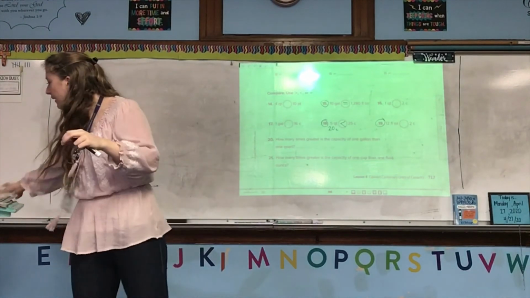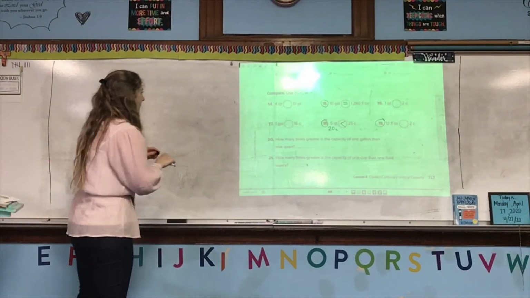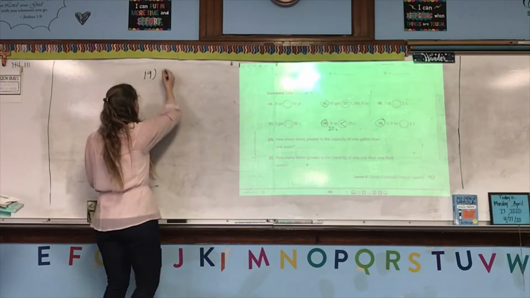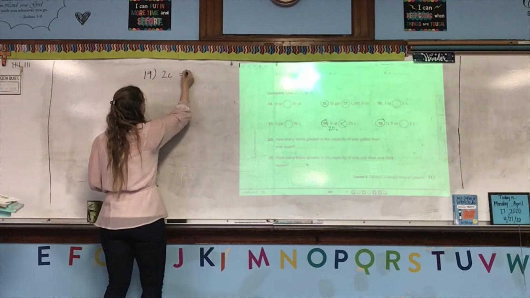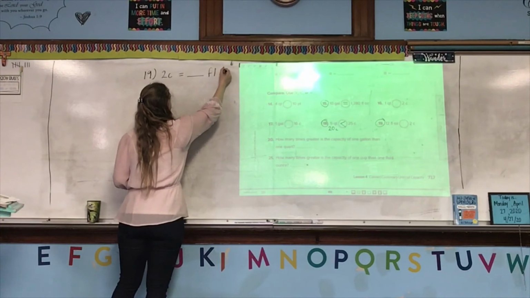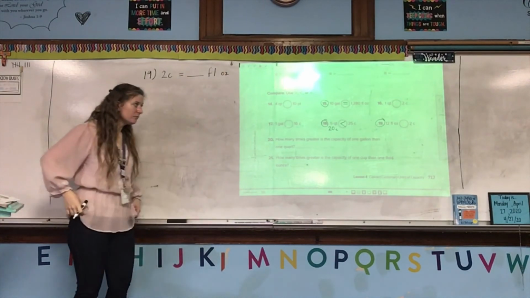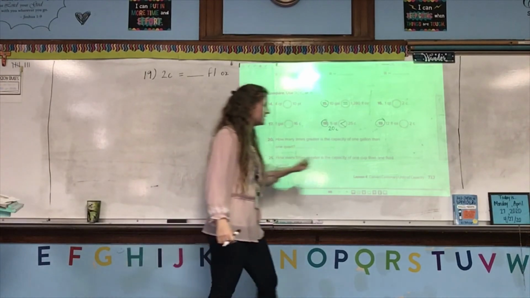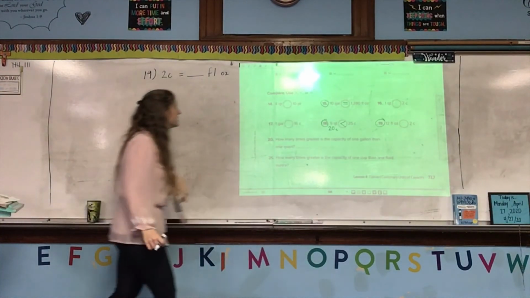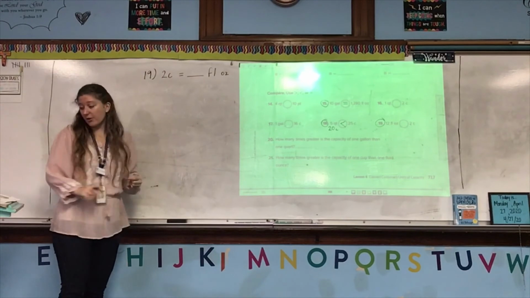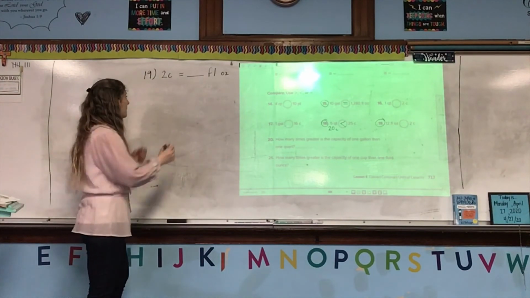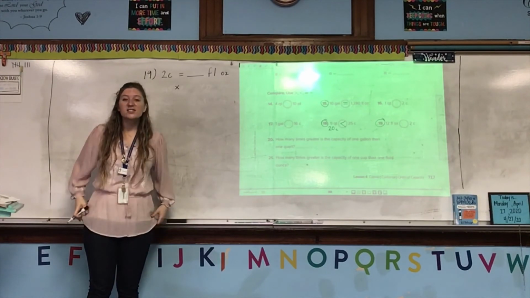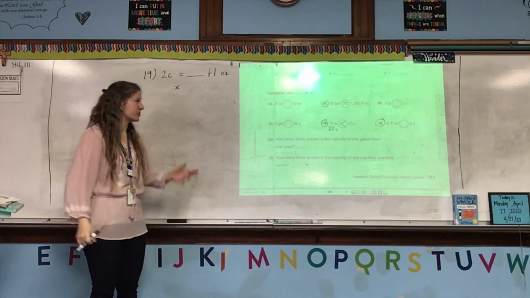So, on our separate sheet of paper, we're going to start with cups, and we're going to figure out how many fluid ounces are in 2 cups, and then we'll compare this number of fluid ounces to this number of fluid ounces. So we know that cups are bigger, and we know that they're right next to each other on our chart, so we don't have to worry about extra steps.